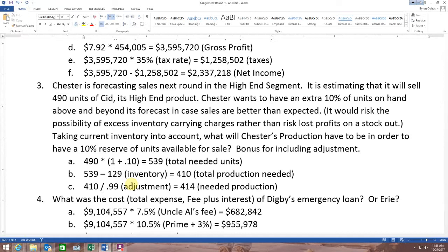That's taken off, basically saying that when we produce things, a certain amount of them don't meet our high quality standards, and so they get tossed away, and we calculate that amount to be 1%. So to make that adjustment, I can just take the 410 that I need to produce and divide it by 0.99, and that gives me 414, a few extra that I need to produce to make sure that I end up with the 410.